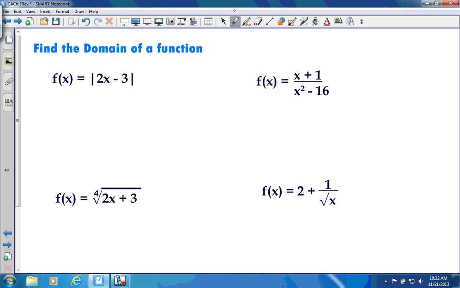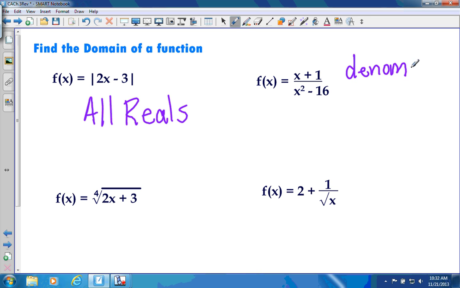Okay, then figuring out the domain for a function. Here it would be just all reals, because you can substitute anything into this. In this one, your denominator can't be 0 ever.